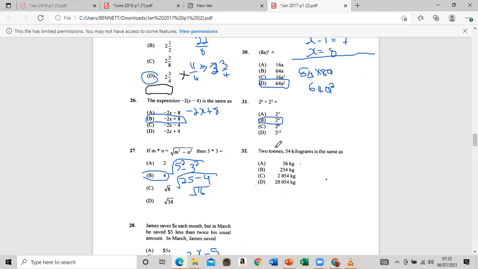How many kilograms in a ton? I think that's 1,000. Okay, so it's 1,000. So that means it's 2,000 kilograms. So the 2 tons are 2,000 kilograms plus the 54. So clearly we see that it is C.